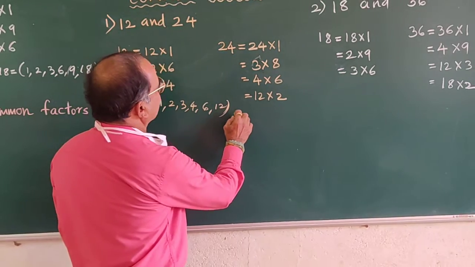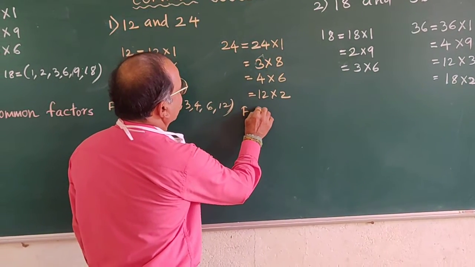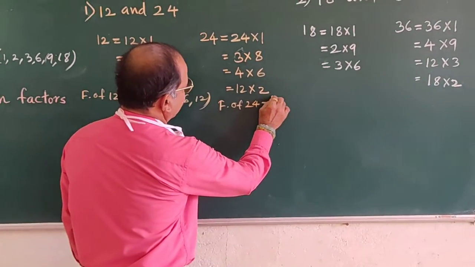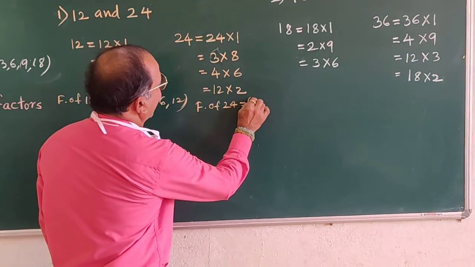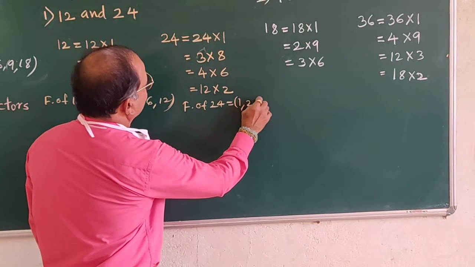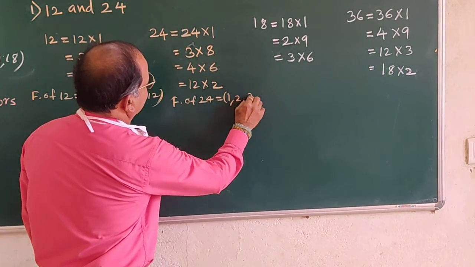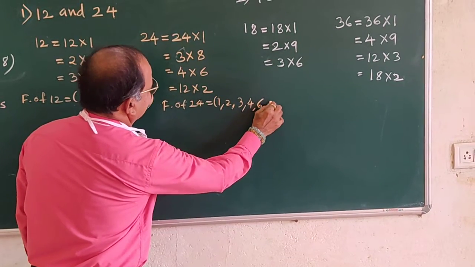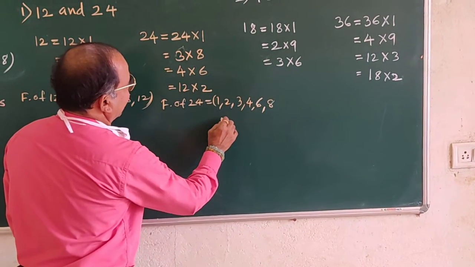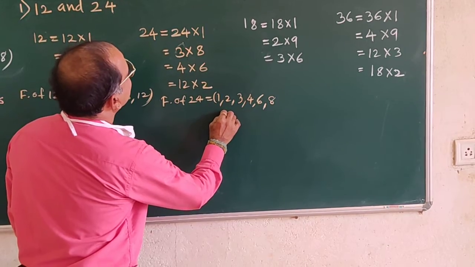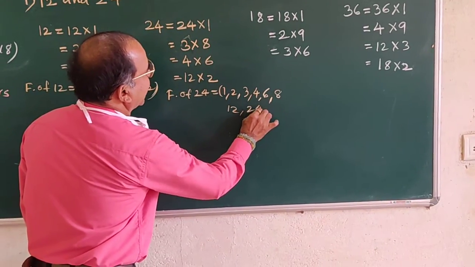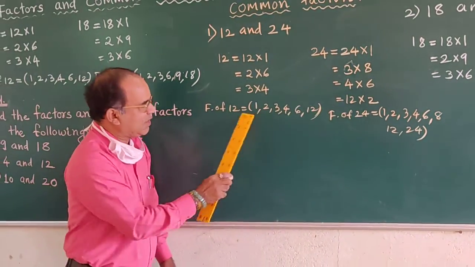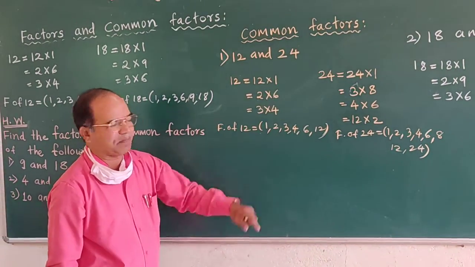Then also you write the factors of 24 is equal to 1, 2, then 3, 4, 6, 8, then 12 and 24. So first you find the factors, then write the factors of each number separately.